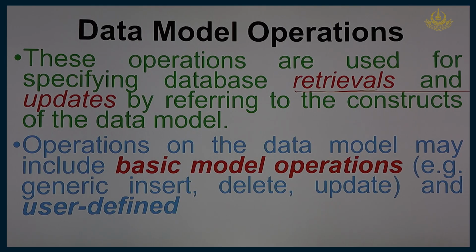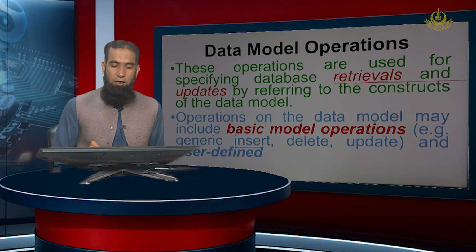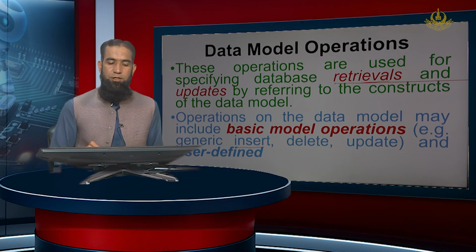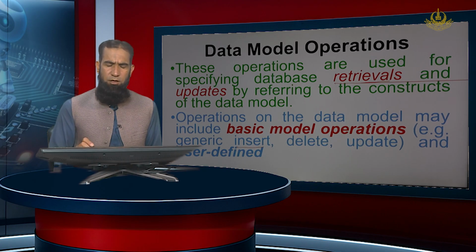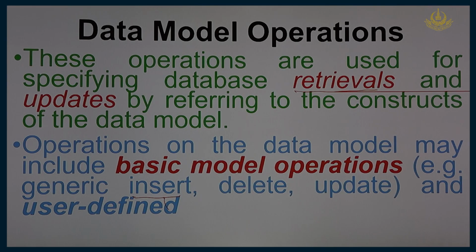Operations on the data model may include basic model operations. These are generic. Insert means insertion of new data. For example, a student applied for admission in Allama Iqbal Open University. It's filling the form. Basically, that data should be moving towards the database. That's called insertion. Then the deletion.